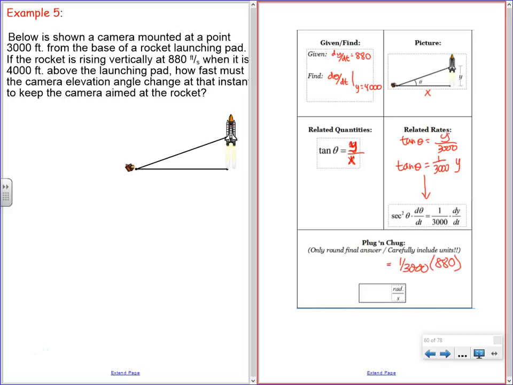What did we do in all the other problems when we didn't know a quantity? We went back here and said, can I find it? So I am going to do secant squared of somebody. I'm going to get back to that somebody. d theta dt is who I'm trying to solve, so he's allowed to stay. What haven't I used yet? The random y equals 4,000.